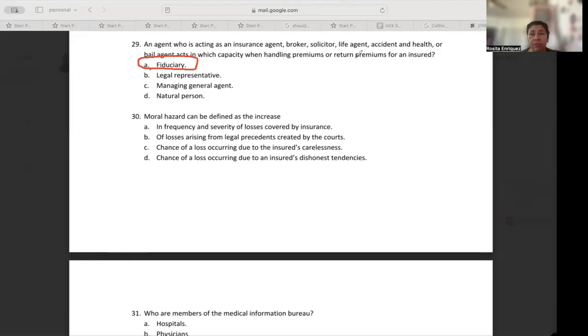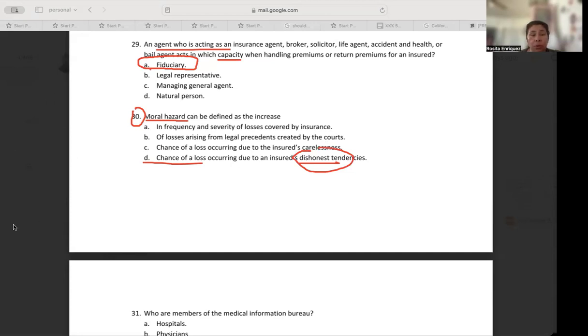That's the answer. Number 30, and see, we see this question again in this first test. Moral hazard can be defined as the increase of chance of a loss occurring due to an insured's dishonest tendency. So see, moral and dishonest tendencies, moral hazard, that goes together.